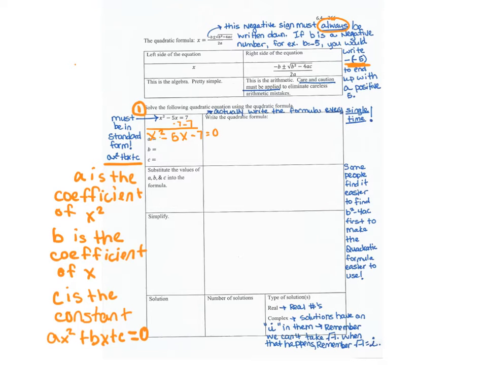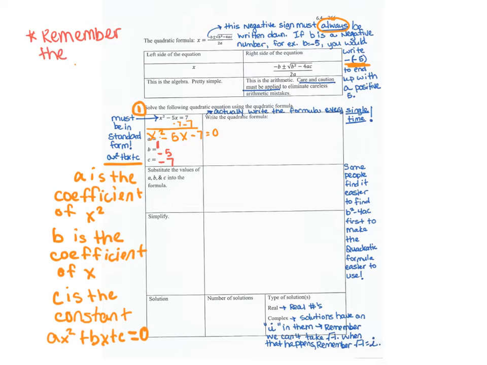And I need to write down my a term, my b term, and my c term. So my coefficient of x squared is 1. And then my coefficient of x is negative 5. And then my constant is negative 7. Remember, the sign in front of a number goes with it. Something that you've heard a lot since probably 5th or 6th grade.